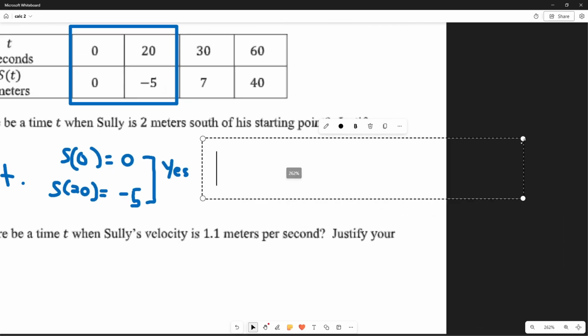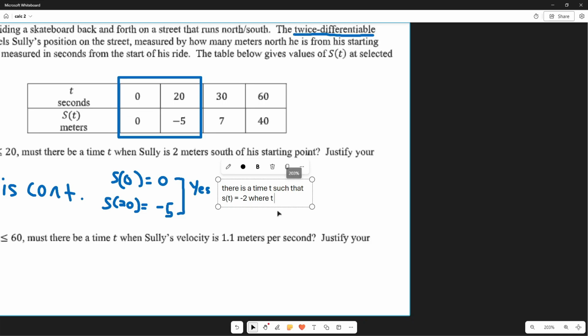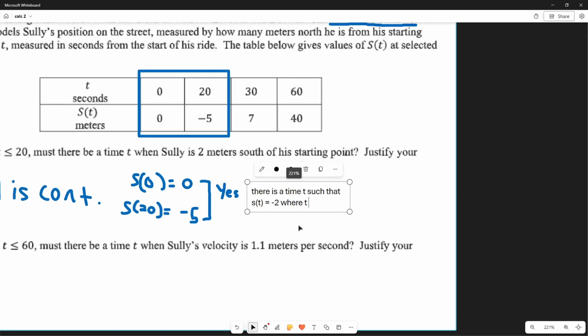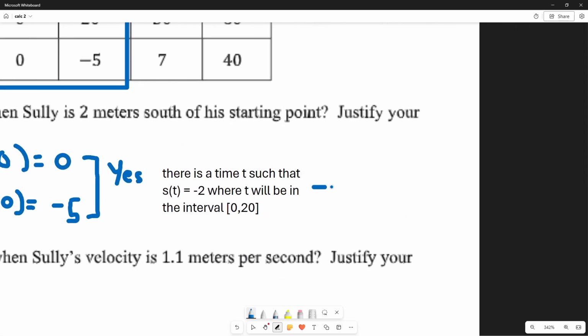So there is a time t such that s of t equals -2, where t is in the interval from 0 to 20. And this is the intermediate value theorem.